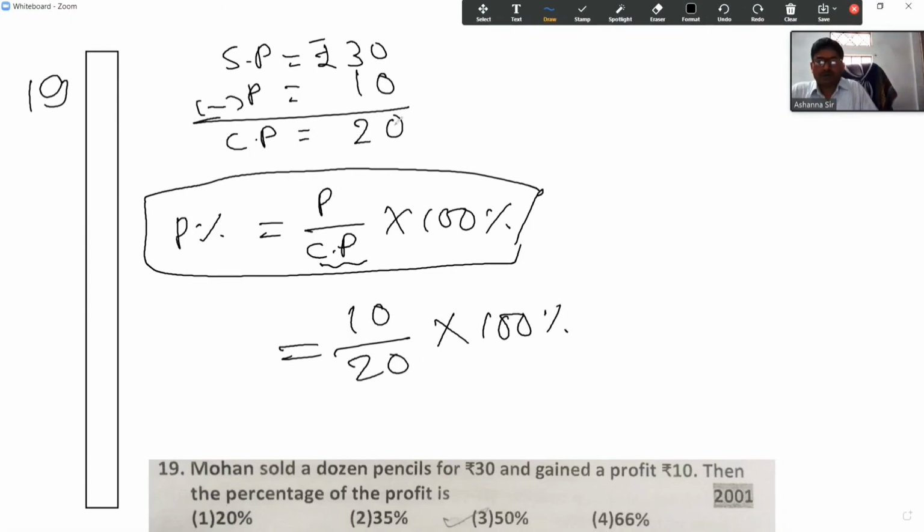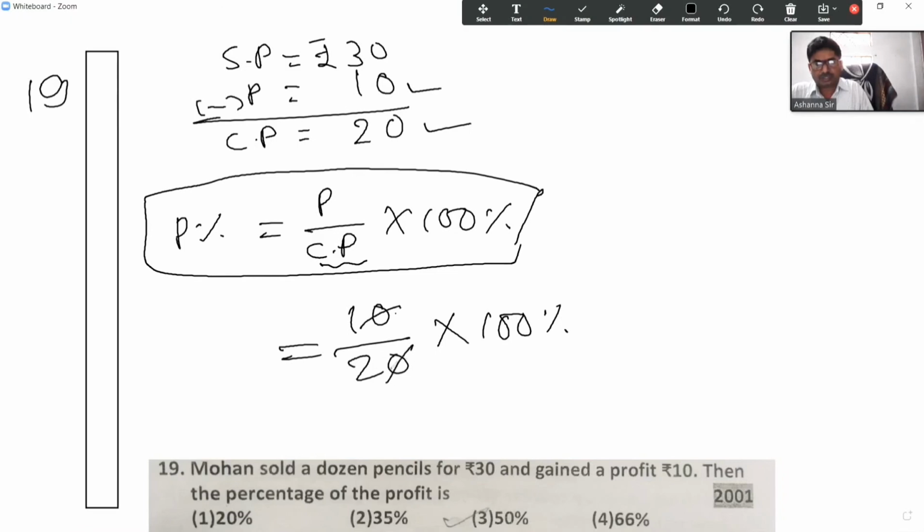By observing only we can get the percentage of how much profit. Here profit is 10 rupees, cost price is 20 rupees. We got half of the benefit, 10 is half of this 20. So 50% profit. We can get that 50% by calculating also.